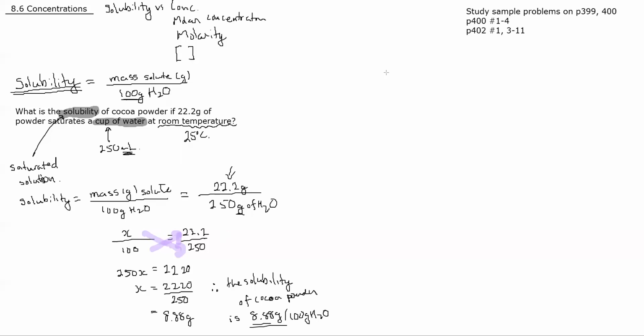So how is that different to concentration? Well, let me try to demonstrate. It's very similar in the equation. But as you might have noticed, when we start talking about chemicals, we are not that interested in the actual mass per se because every single chemical has a different molar mass.